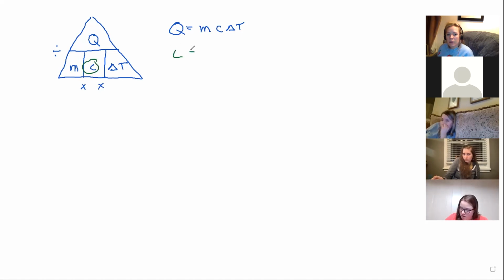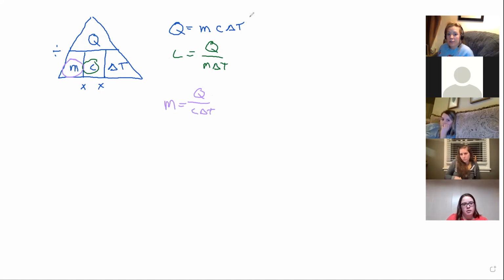C will equal Q divided by mass times temperature change. Okay, let's say we want to solve for mass. Mass is going to equal Q divided by, right, that's the divider line, C times delta T.